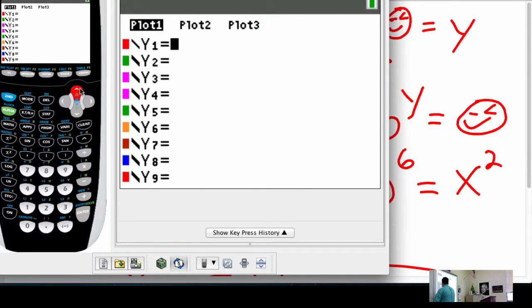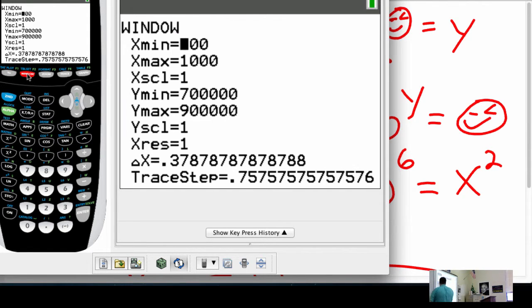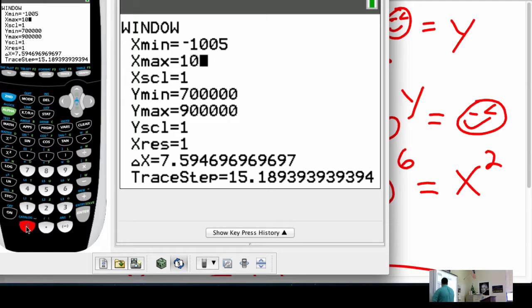So on the first one, I'm just going to say the common log of x squared, right? And then on the other one, I'm just going to put 6. And now we know that the graph has got to be set up a certain way because we got plus or minus 1,000. So I'm going to say minus 1,005 for my x minimum, and then positive 1,005.